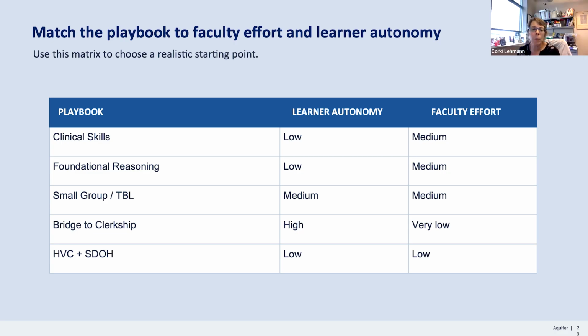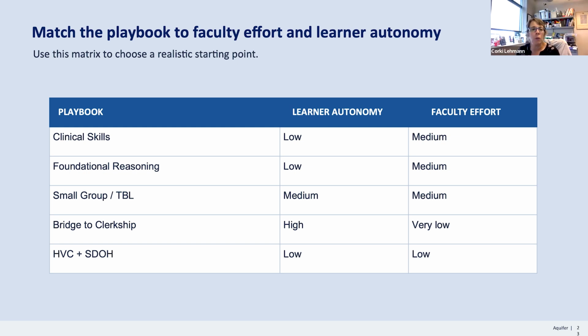So the bridge to clerkship. Now, as you construct it, you can really make it a choose your own adventure for the learner too. Again, depending on how your school uses Aquifer, it could be very learner centered, which some schools are looking for, to fill that gap, wanting to put more of the choice into the learner's hands. In that case, faculty effort's kind of low.